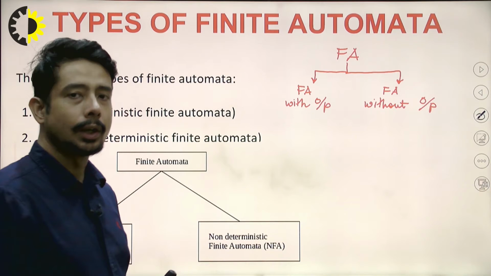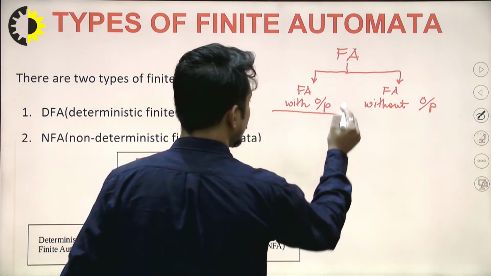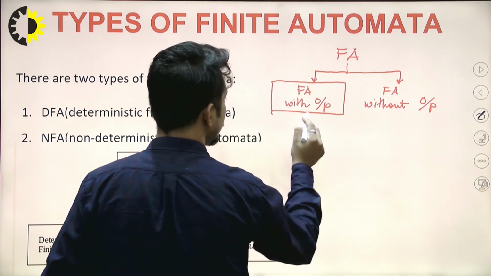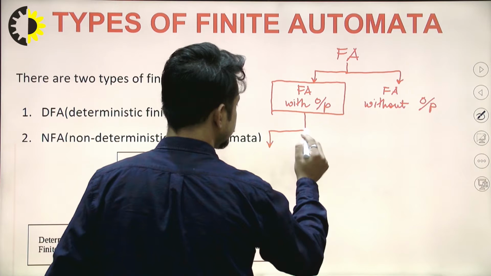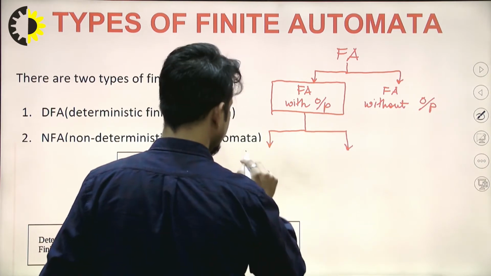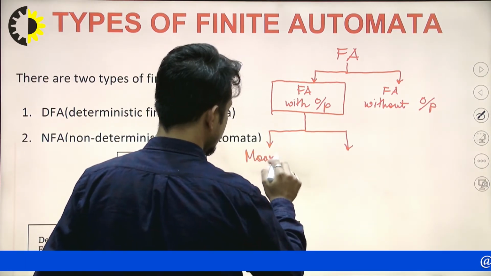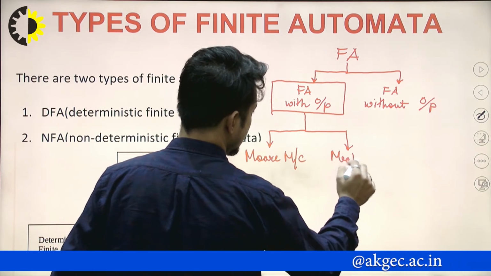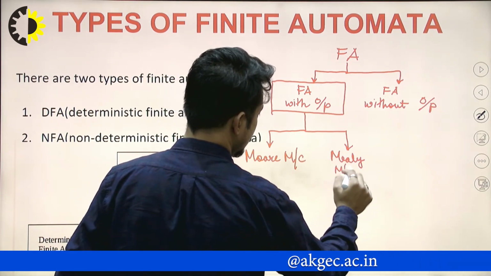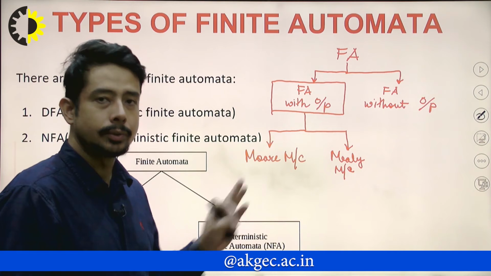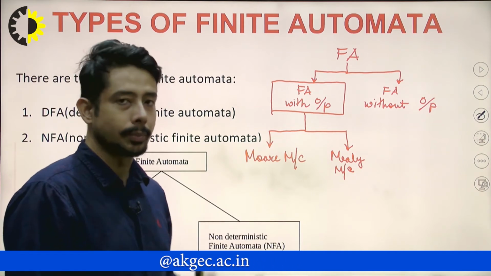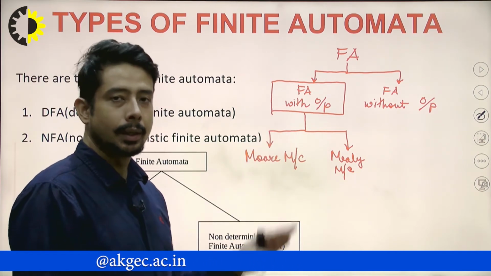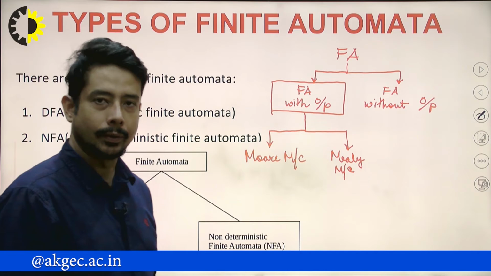Whenever we say with output, we categorize this particular part into again two types. One is your Moore machine and the other one is your Mealy machine. So these are the two categories of finite automata with output, which we will be studying after 2 or 3 classes. Okay.